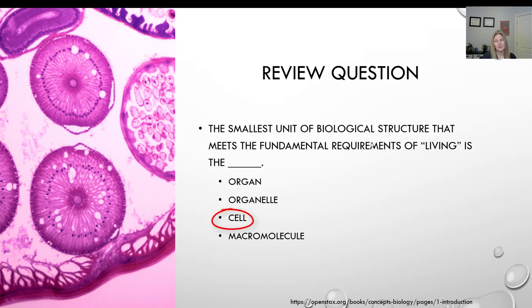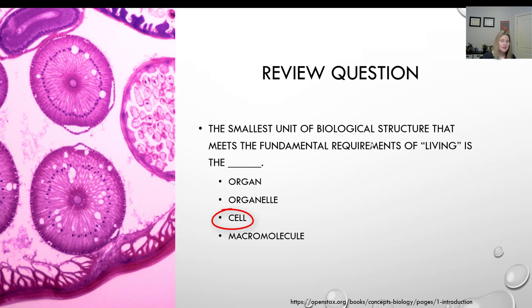Organs do have all the properties of life, but they're made up of cells, which are smaller and also encompass all the properties of life. Organelles don't have all the properties of life. For example, an organelle cannot adapt. It's inside a cell, so it does not have all of the characteristics of life.